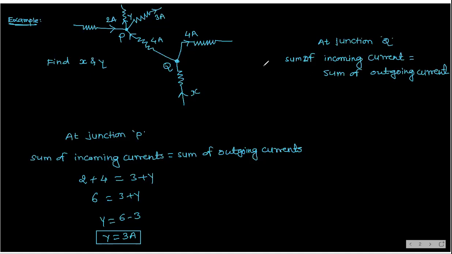Okay, so again look at which current is coming here. Only one current is incoming, that is X, and outgoing are 2, that is 4 plus 4. So how much will it be? X is equal to 8 ampere. So 8 ampere should come, then only 4 and 4 can go. Understood now? Those who are still having doubt, clear?